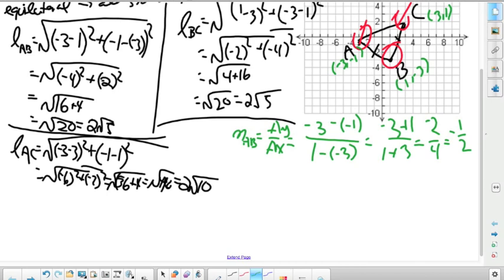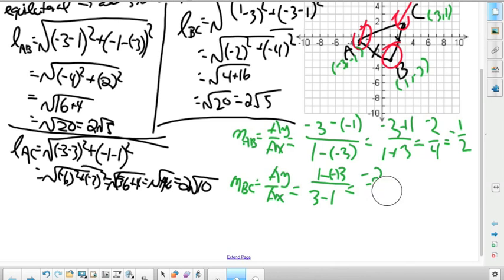And if I calculate the slope of BC, same formula again, delta y over delta x. So 1 minus 3 over 3 minus 1, and I get negative 2 over 2. Is that right? No. I forgot the negative sign. 1 minus the negative 3.